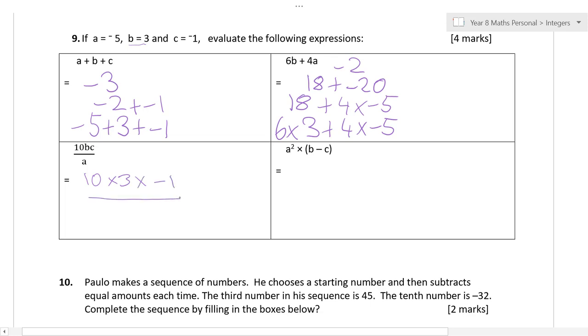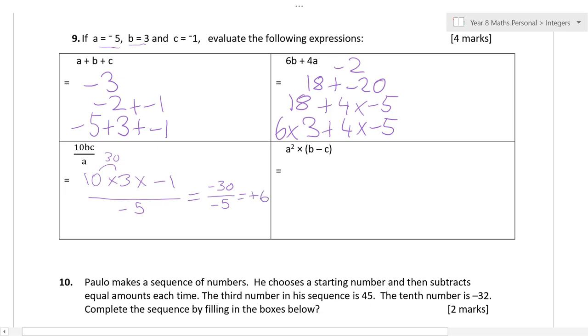And then divided by a, which is equal to -5. And then to simplify, you just do 10 times 3, which is 30. And then 30 times -1 is -30 over -5, which is equal to +6.